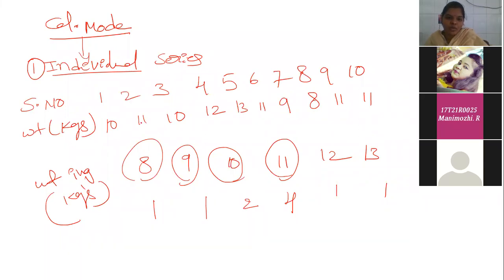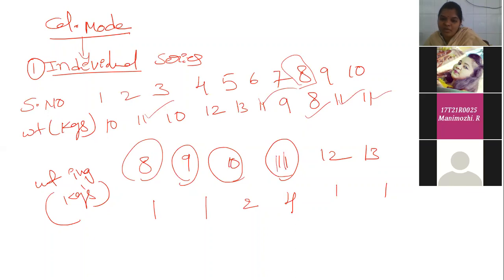Why have I written it like this? Under 8 we have only one occurrence, but 11 repeats four times, 1, 2, 3, 4. So on which number does the repetition occur? On 11.